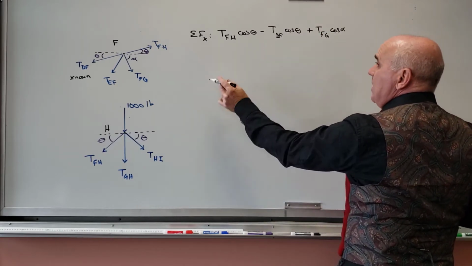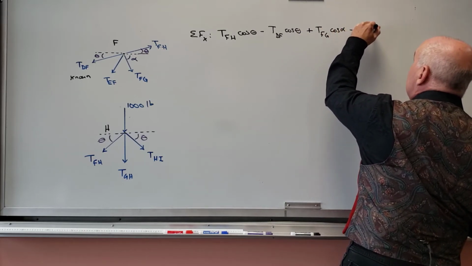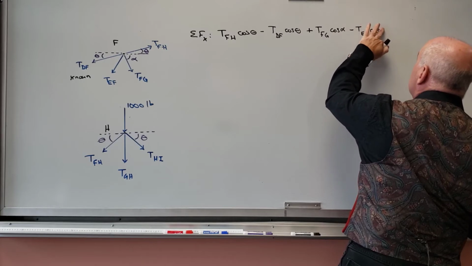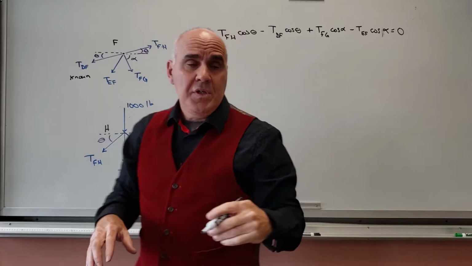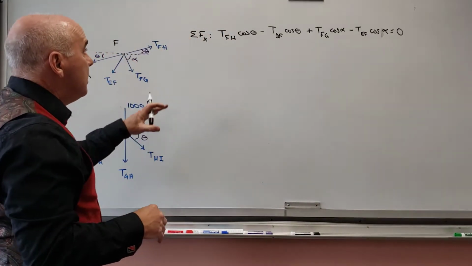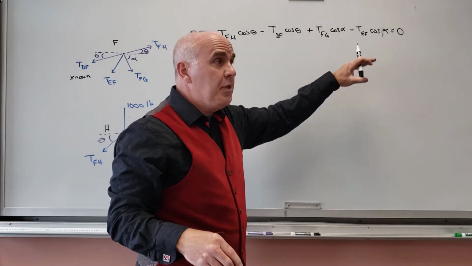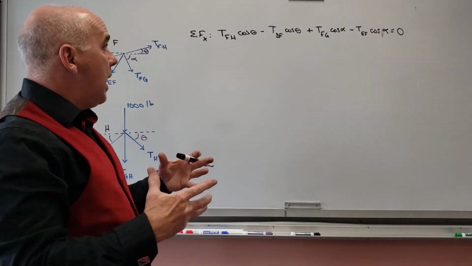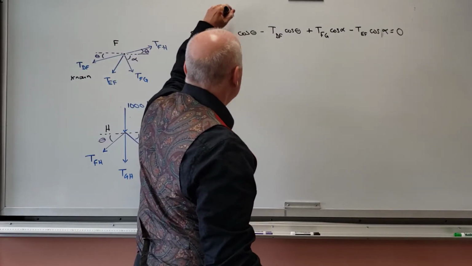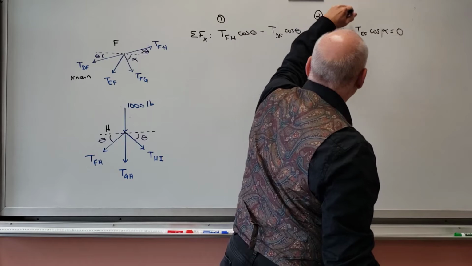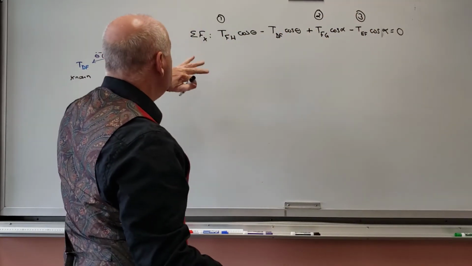Let's see, that's to the right. And then minus TEF cosine alpha. That's going to equal 0, right? And so I know TDF, but I don't know FH, FG, or EF. And so I have 3 unknowns in there. Right, so I'm just going to label this as 1, this is 2, this is 3. Remember, TDF is known from previously.